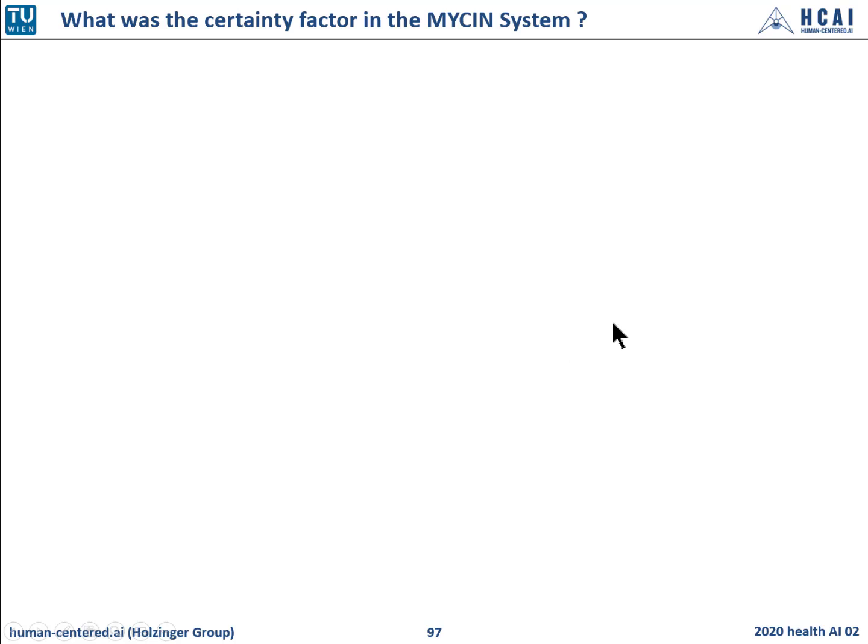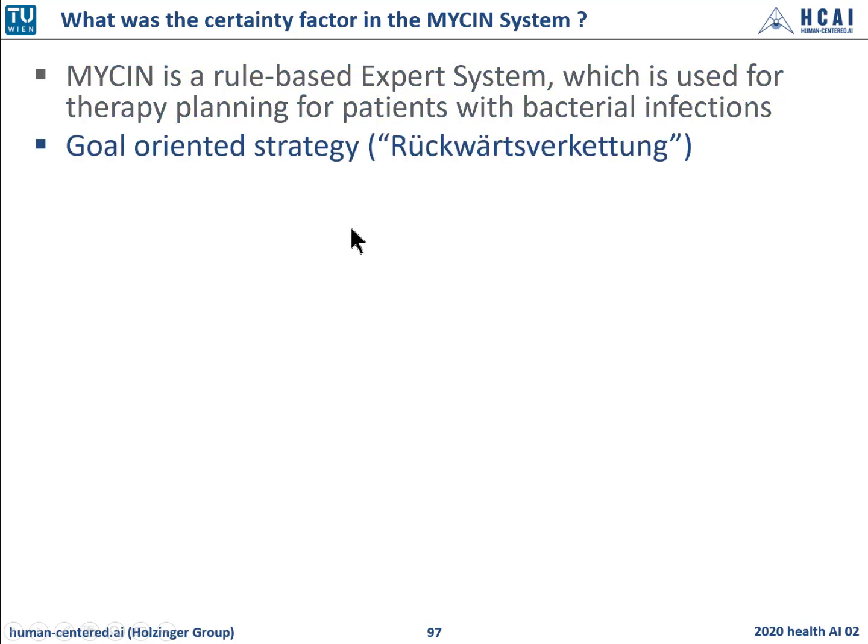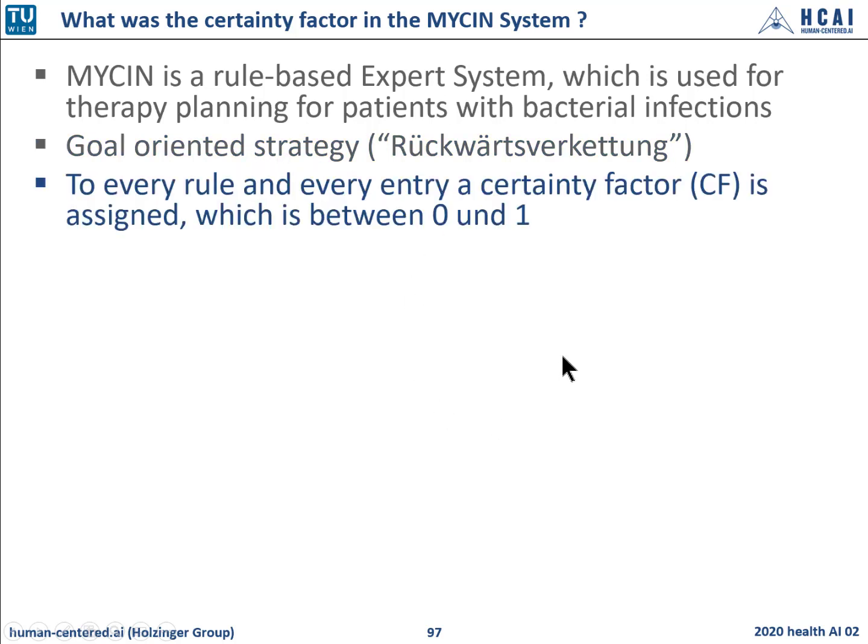Okay, what was the certainty factor in the Mycin system? Shortliffe was aware of the problems involved with classical logic, and actually Shortliffe introduced the certainty factor. So Mycin is a rule-based expert system which is used for therapy planning for patients with bacterial infections. It works with this so-called goal-oriented strategy, Rückwärtsverkettung in German.